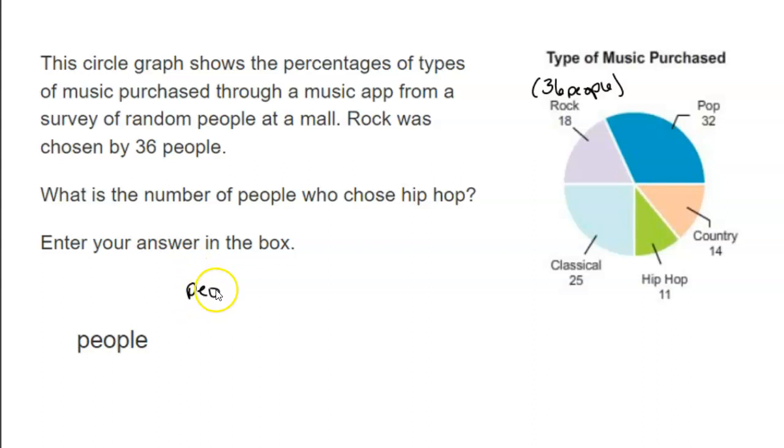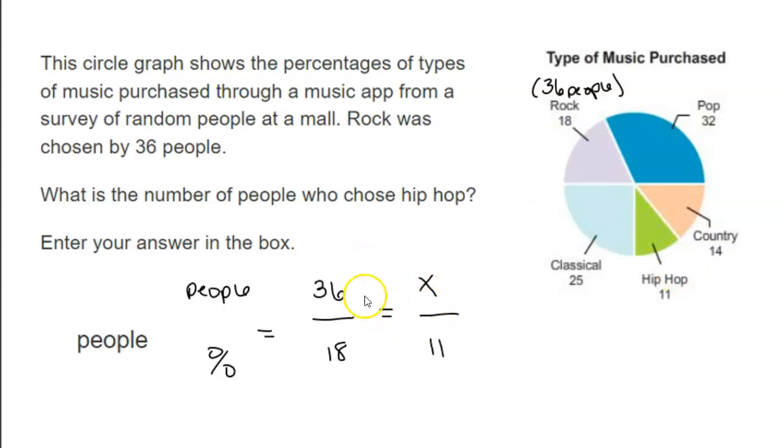I'm going to do people on the top and percent on the bottom. So 36 people to 18% equals how many people, which we don't know, so we give it a variable x, to 11%. Again, people on the top, because we're only dealing with these two numbers.